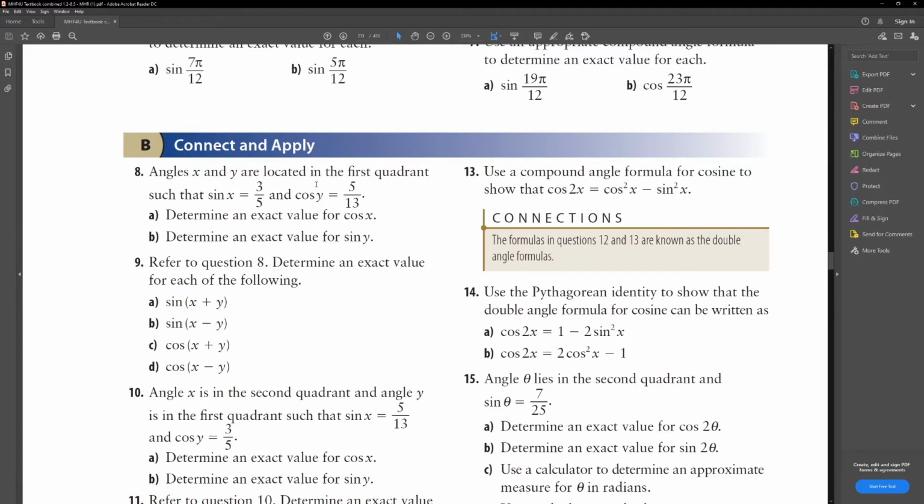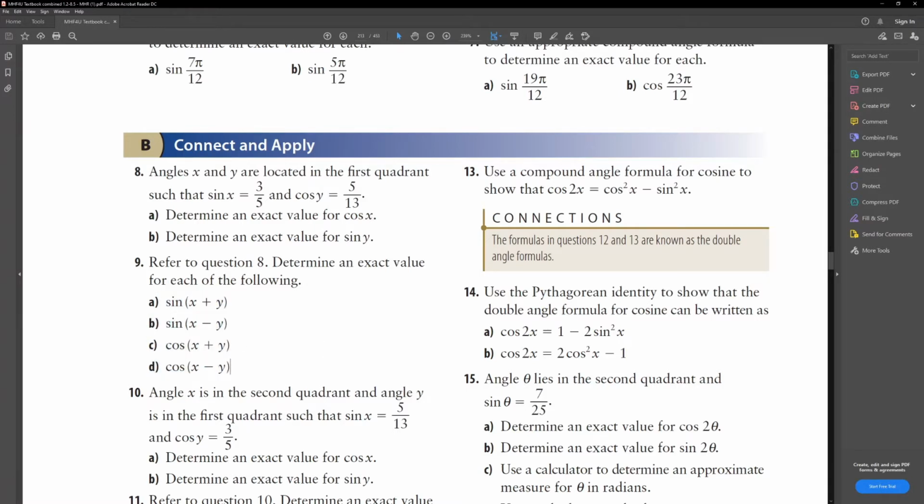So again, you just use the same strategy we did to find either our adjacent or our opposite side. And once you find those two, it's really simple. You just plug in those values, right? So when it's asking us to find the value for cos of x, that's the second step or the third step we did in our example. And then it's just asking you to plug in those values.